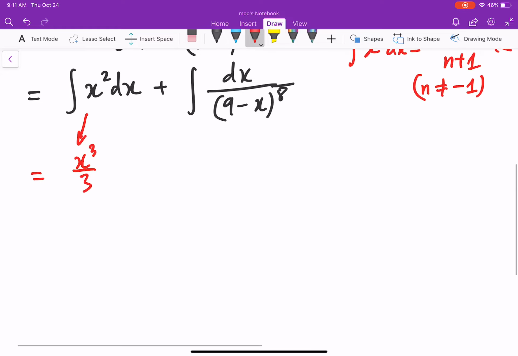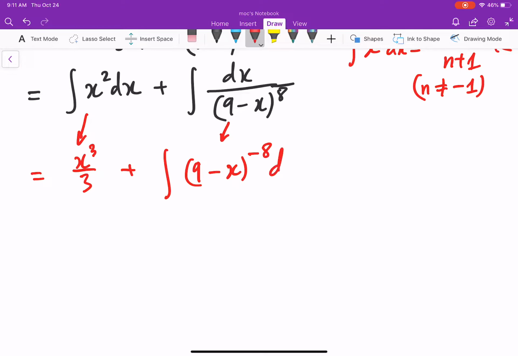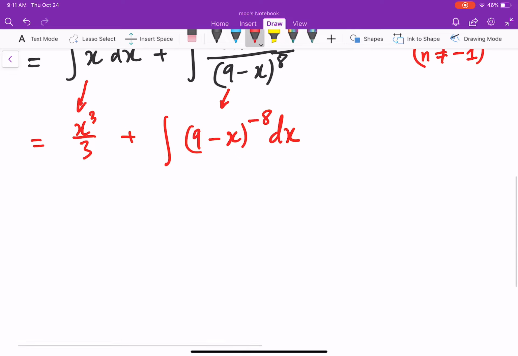So for the second integral, the integral of 9 minus x to the negative 8 dx, you can do substitution, but you can write the answer right away. For the sake of convenience, I will use substitution.